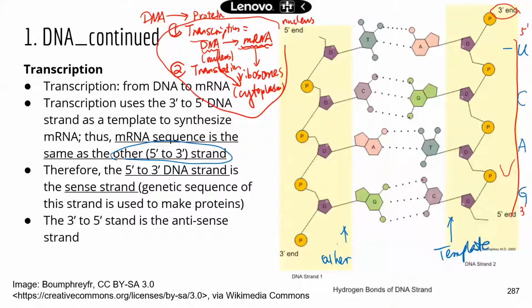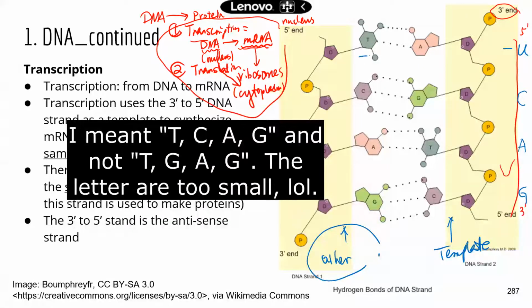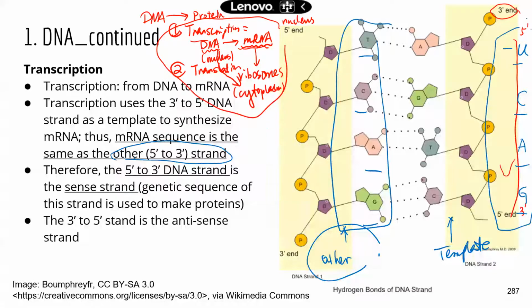If you look at the sequence for this other strand, it's T, G, A, G, right? And when you go back to mRNA, it's U, C, A, G. So remember in RNA, there's no T, so instead you have U. But you can think of U as the T in RNA molecules. So the sequence is exactly the same, right?